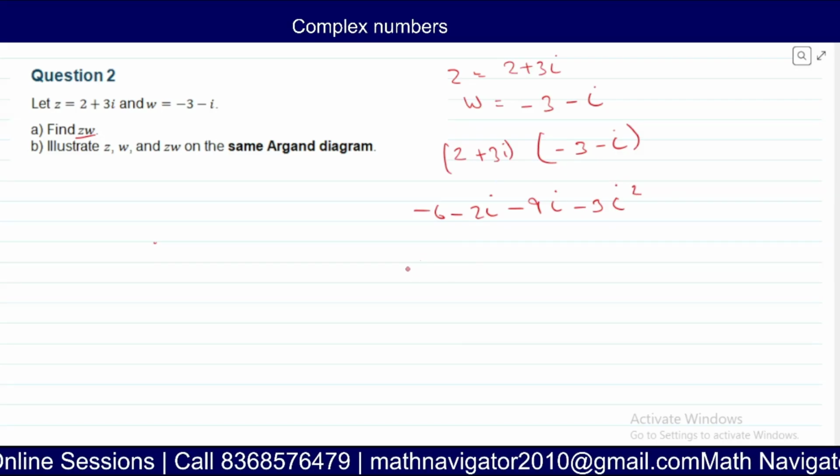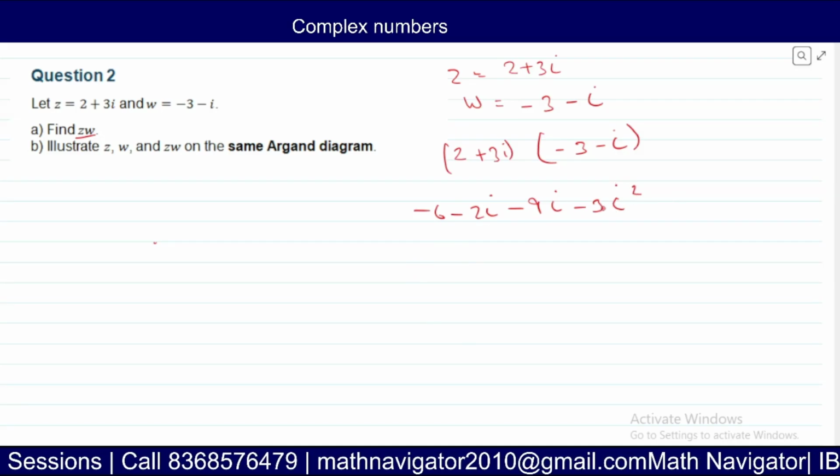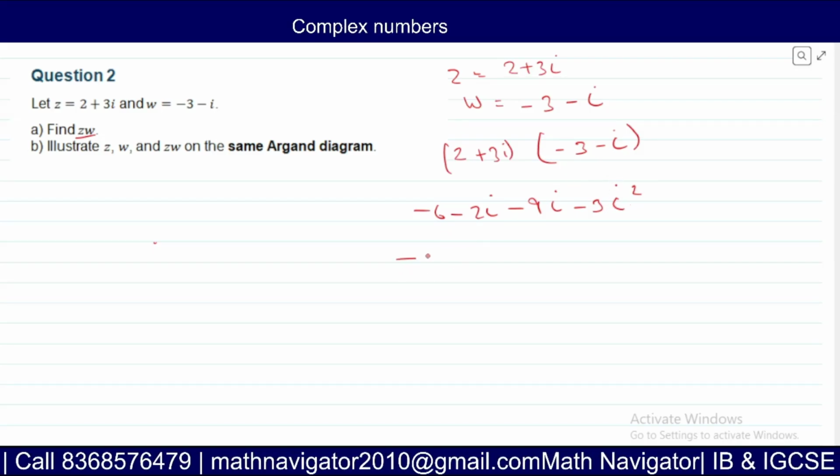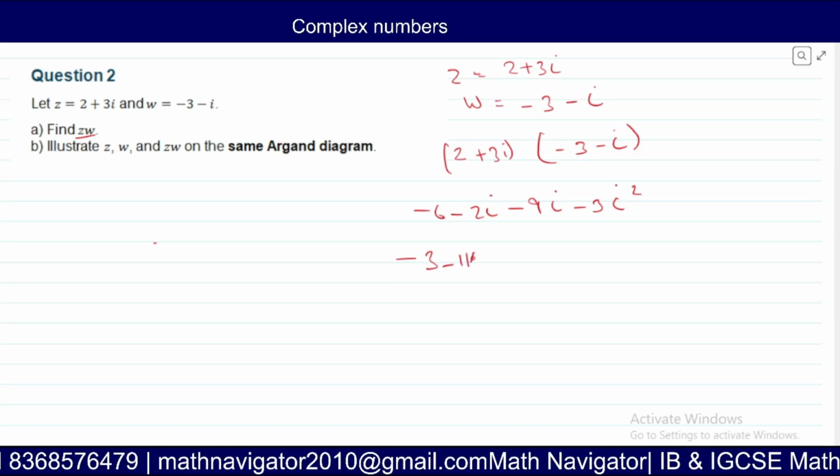So this will become minus 6 and plus 3 because negative i squared is positive.